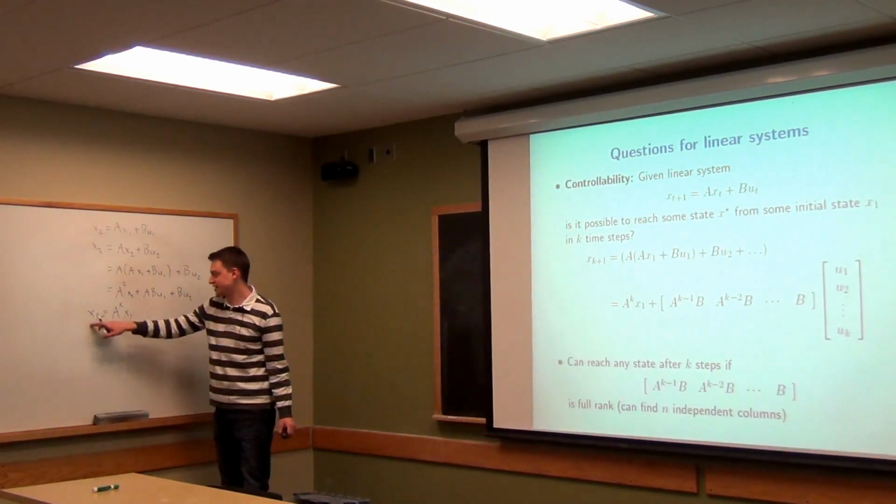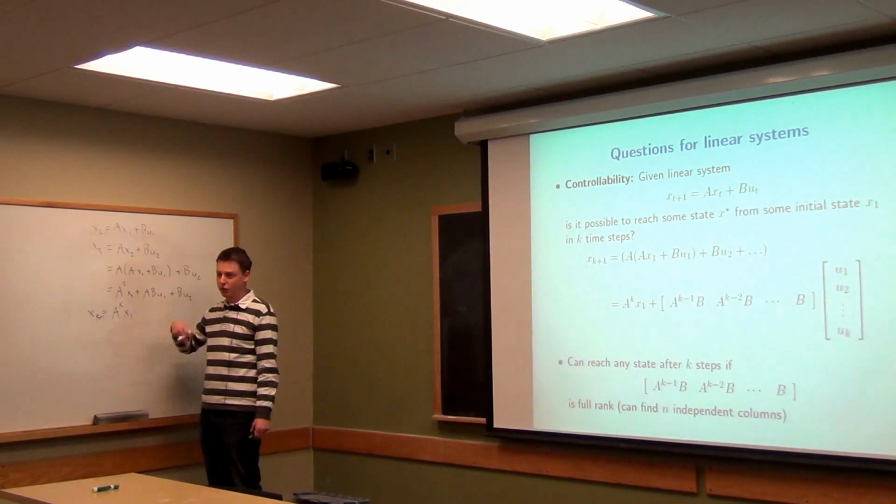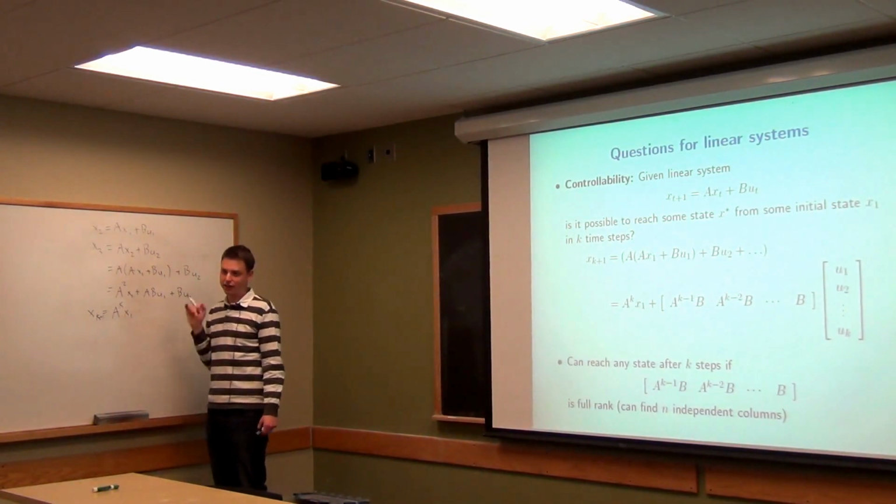So at time k plus 1, you will have applied A to x1 k different times, so you'll have A^k times x1.